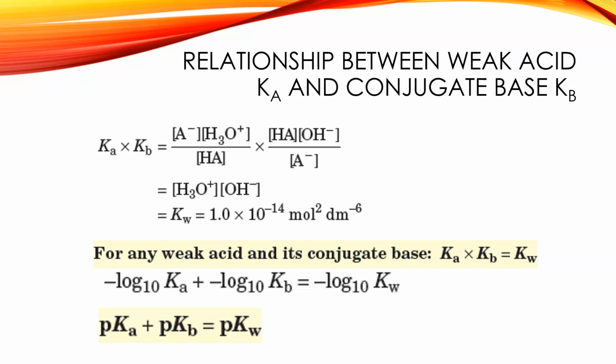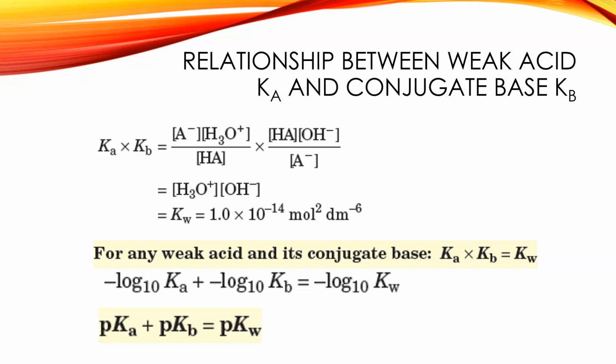If we look at this, we can state that Ka times Kb is equal to this expression times this expression, and we get H3O+ times OH-, which we already know as Kw, which is 1 × 10^-14 mol² dm^-6. So for any weak acid and its conjugate base, Ka times Kb equals Kw. If we know Ka, we can determine Kb, and so forth.